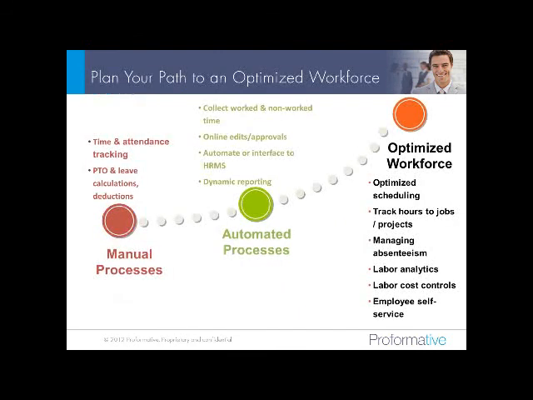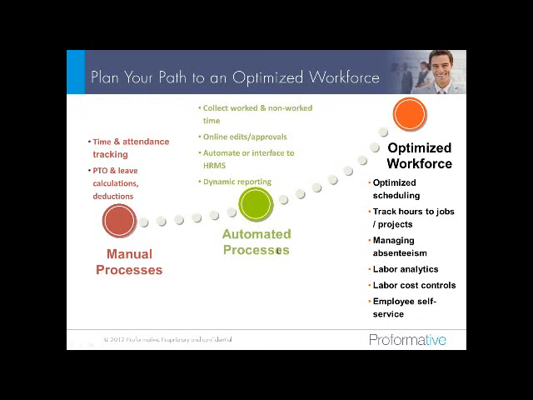Typically, you'll be a manual process type organization when you do very basic time and attendance tracking, very basic leave calculations and deductions through either Excel spreadsheets and or paper-based systems. You are most exposed when you are in a manual process. Obviously, there's a lot of time that is being spent on distributing and optimizing your workforce when you are in the category of a manual process.